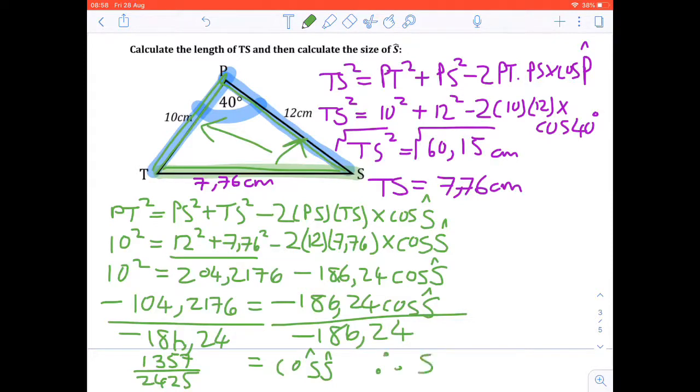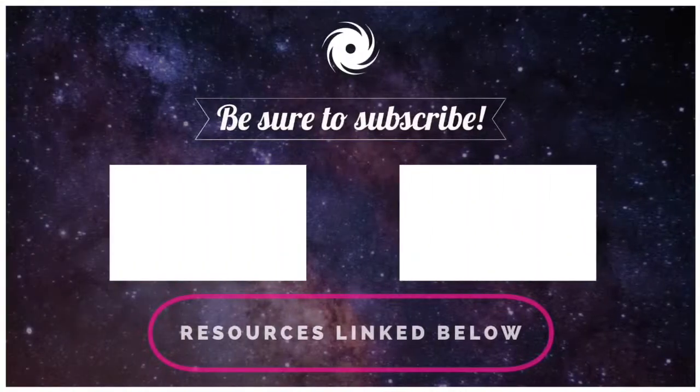Therefore, angle S is equal to 55.93 degrees. And that's your answer. If you use sine rule, you might have got a slightly different answer for the second decimal place, but that's just to do with rounding.